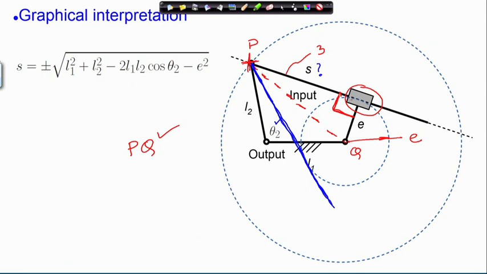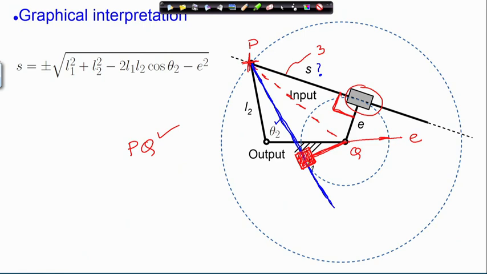One tangent gives us the black configuration, the other tangent gives us the other solution. This is the other solution.